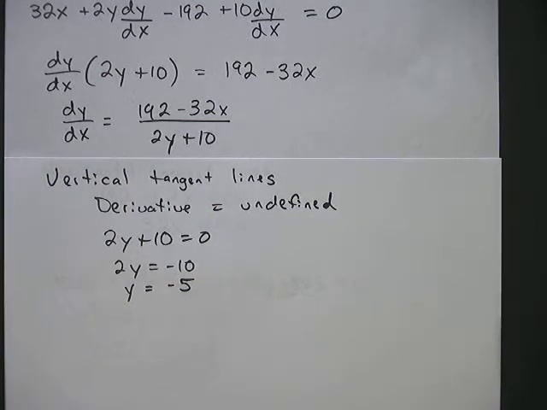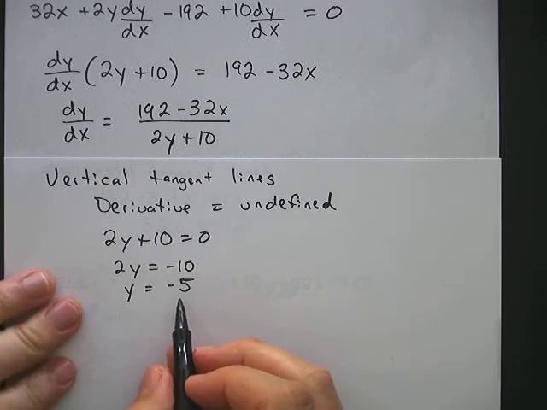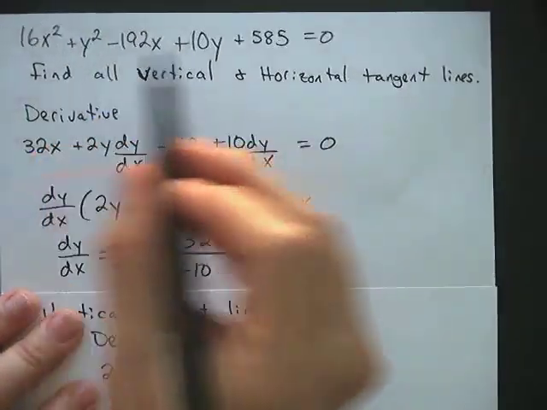But as we know, y equals negative 5 is not a vertical line. It's a horizontal line. So just like we did last time, we do the opposite this time. We're going to plug in negative 5 in place of y into this equation right here.